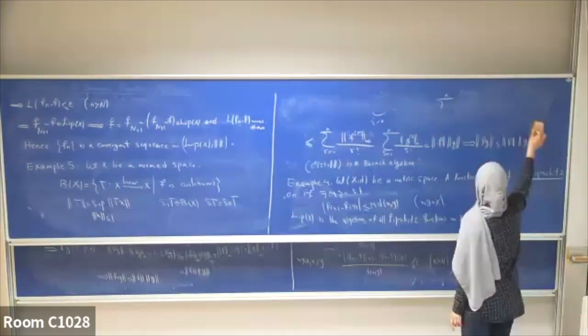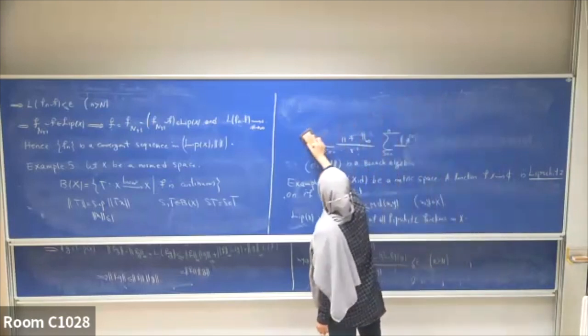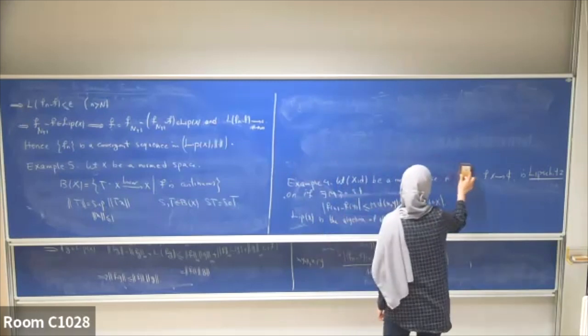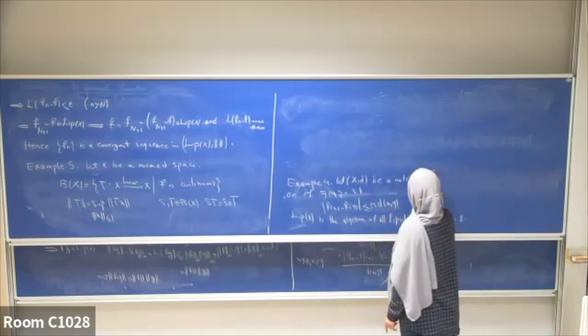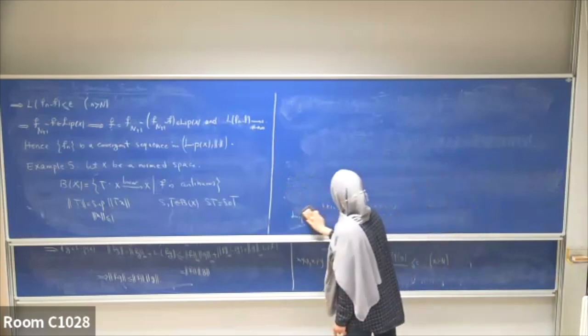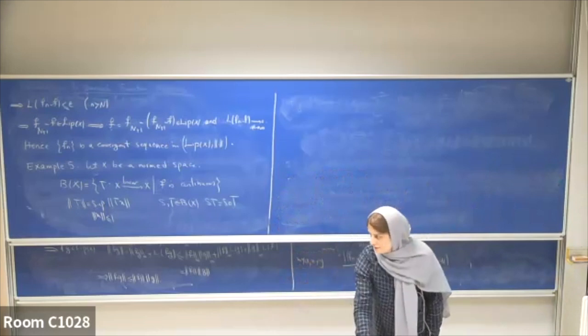You know that B(X) is a Banach space if and only if X is a Banach space. But right here X is a normed space, so B(X) is a normed algebra, sorry, because the operator norm is an algebra norm.